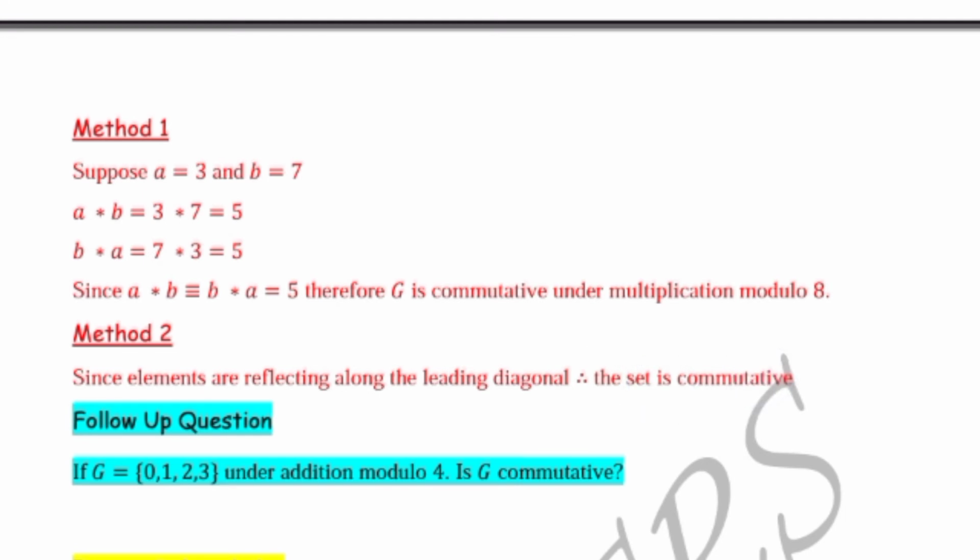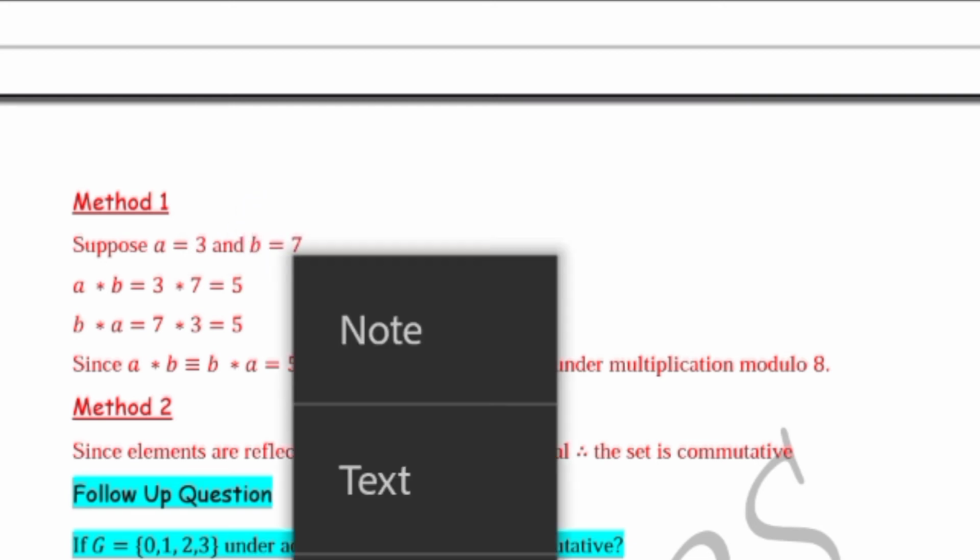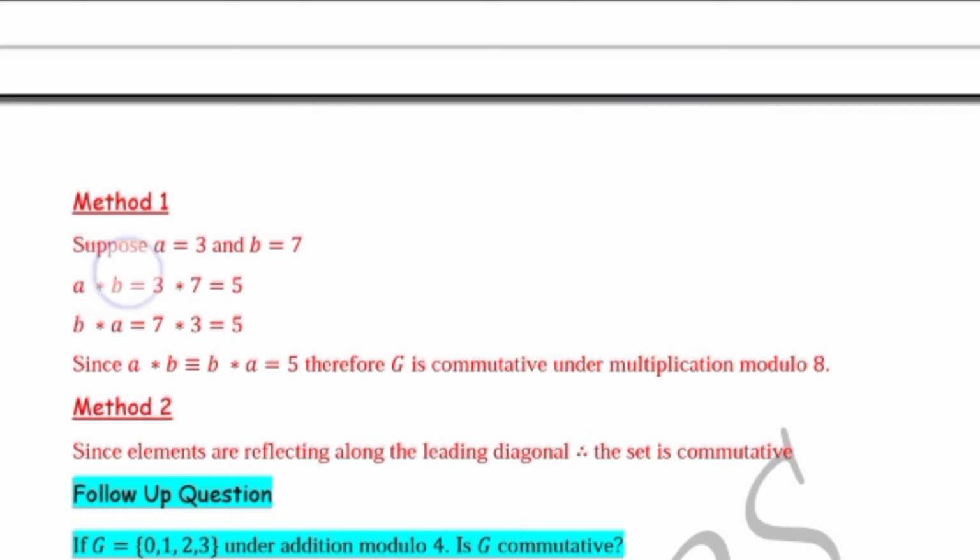Or you could use this method right here. We just take any 2 members right here, and we let one number be A and the other one be B. Then A star B must be equal to B star A. In this case, A star B, we got 3 star 7, which is 5, and B star A is 7 star 3, which is also equal to 5.